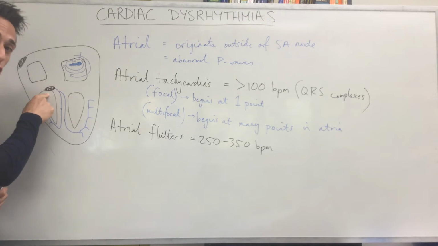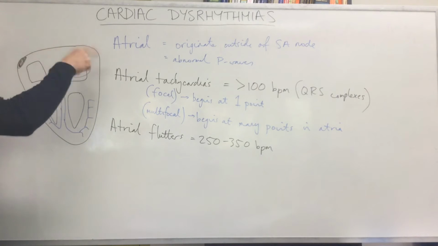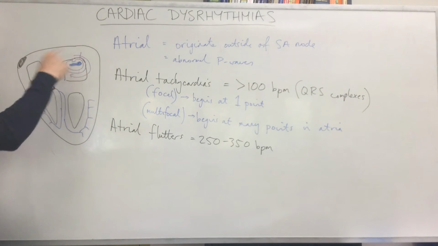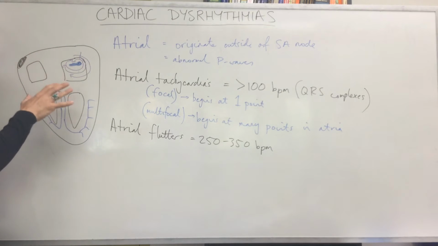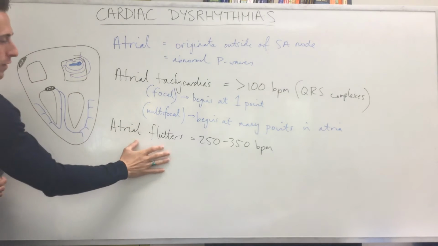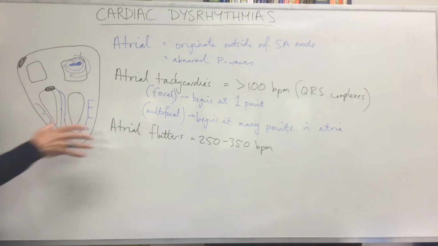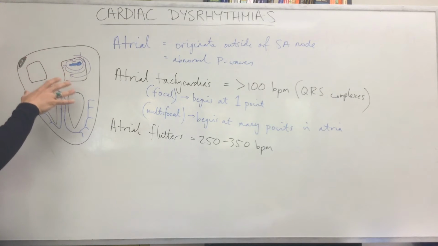Which is basically 0.2 seconds. So even though the atria are contracting and depolarizing very quickly, the AV node will slow it down. And so usually the fastest conduction you'll get through the ventricles with atrial flutter will be around about 170 beats per minute, because the AV node slows down that atrial flutter.